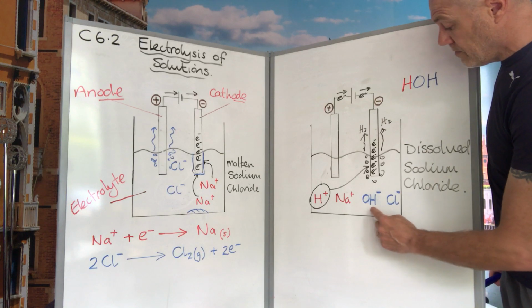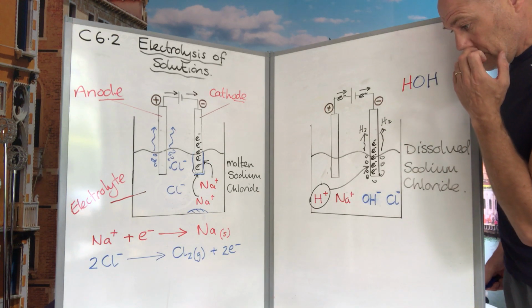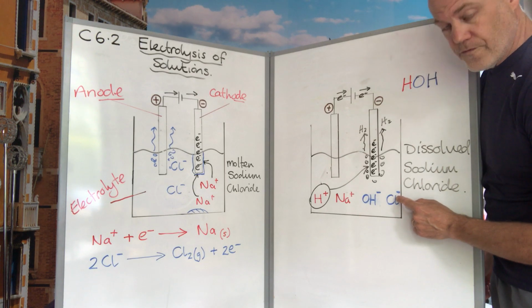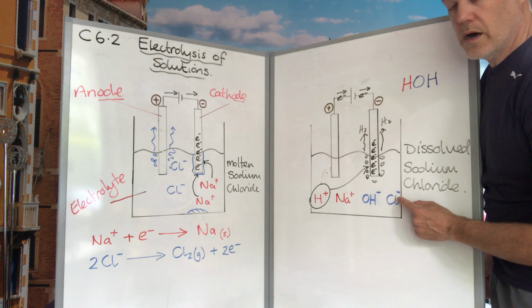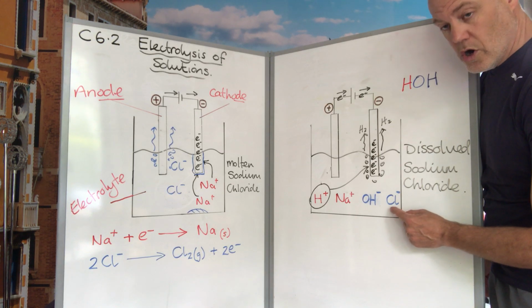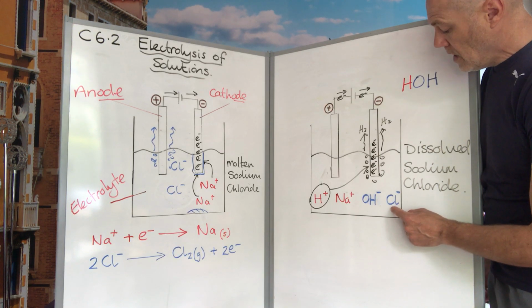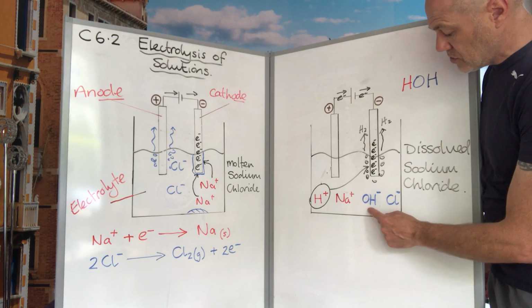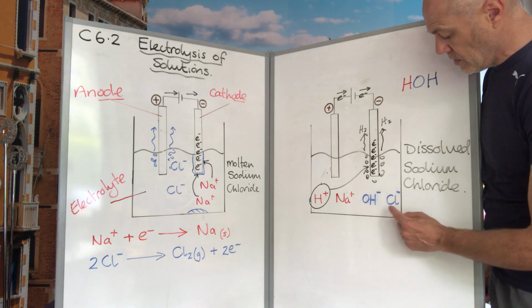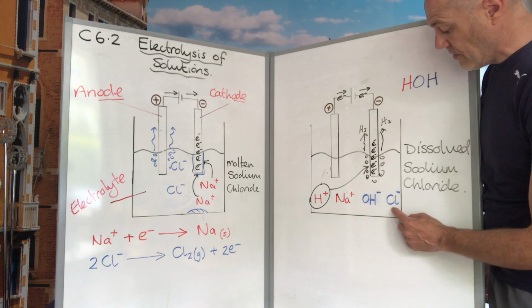On this side, with the negative ions, the rule is if you have a halogen, chlorine, fluorine, bromine, iodine, if you have any of those, they will always be given off first. If you don't have a halogen, then oxygen gas will be given off by this. So the rule is if you've got a halogen, that will always be given off first.